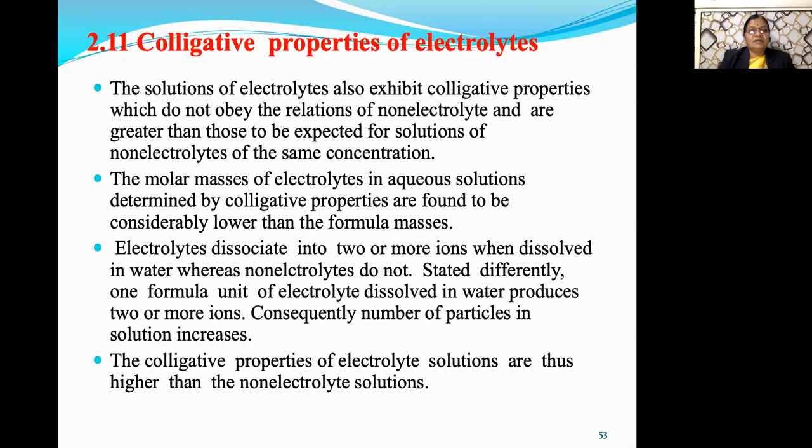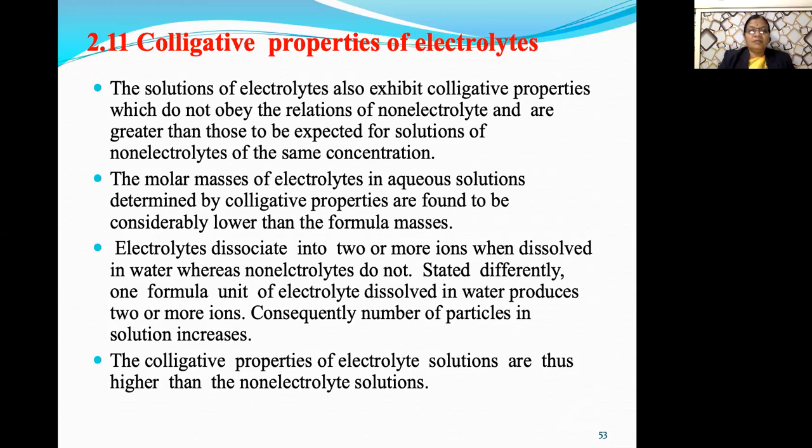It is clear, as it is an electrolyte, it breaks into ions. Colligative properties depend on the number of particles in the solution. So for the solution of electrolytes, the colligative properties are higher than the expected colligative properties for the solution of non-electrolyte of the same concentration.